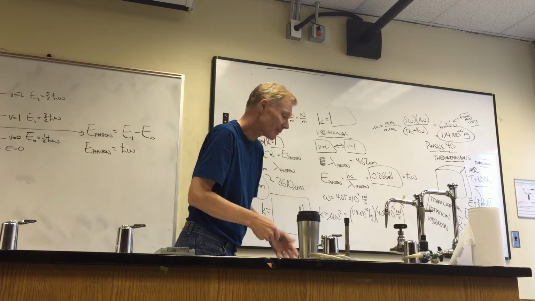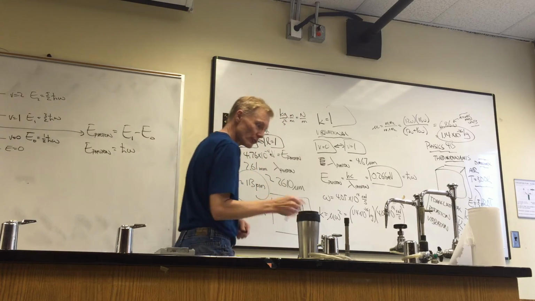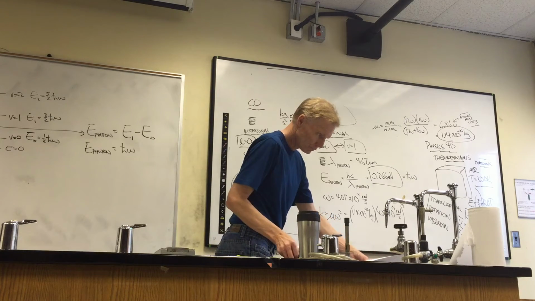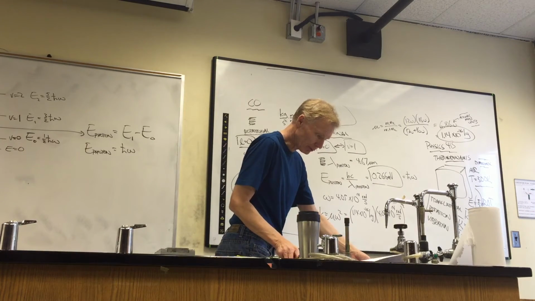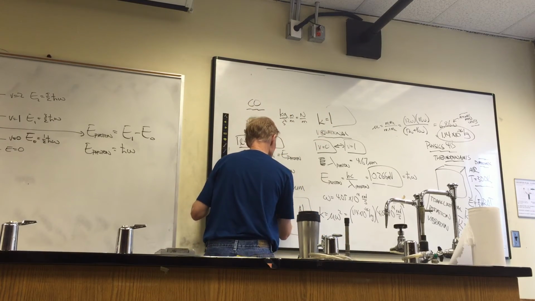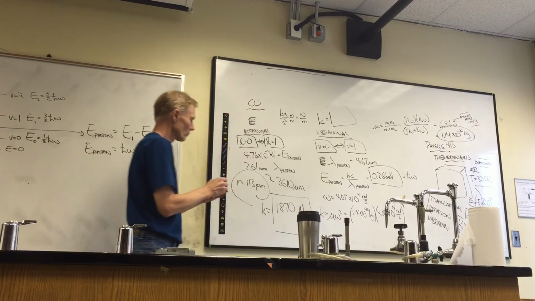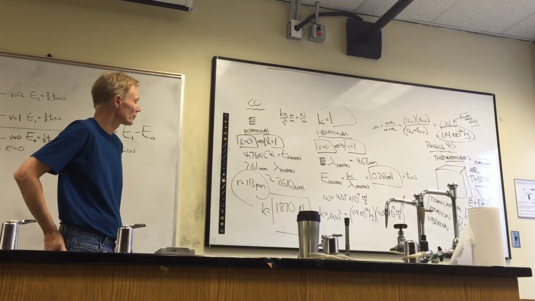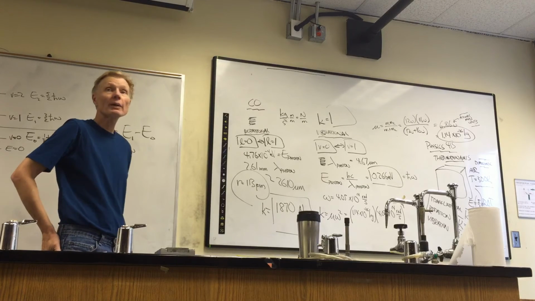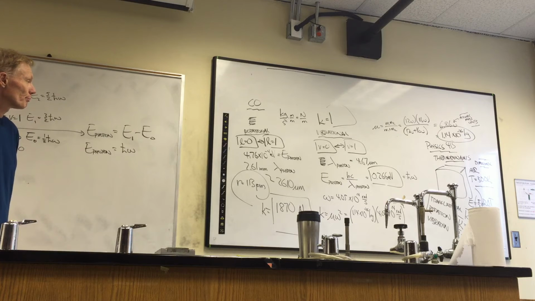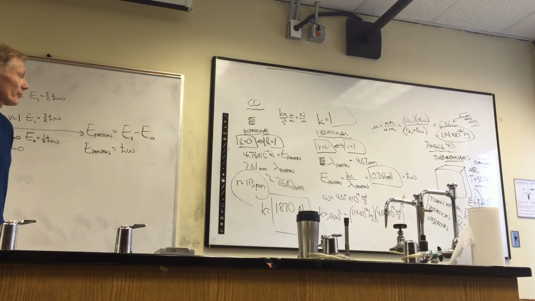And typically these do come out in the hundreds or thousands. This one came out at 1870, so almost 2,000 newtons per meter. So yeah, we can just use standard units on these, right? Newtons, meters. That's a pretty stiff spring.